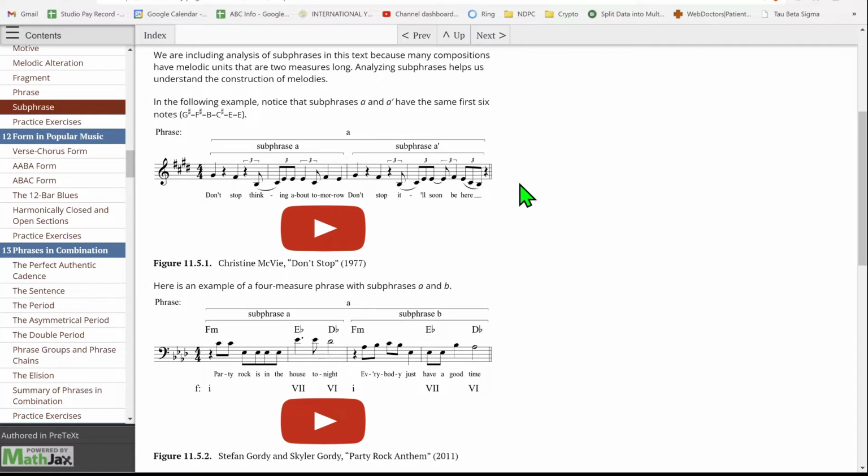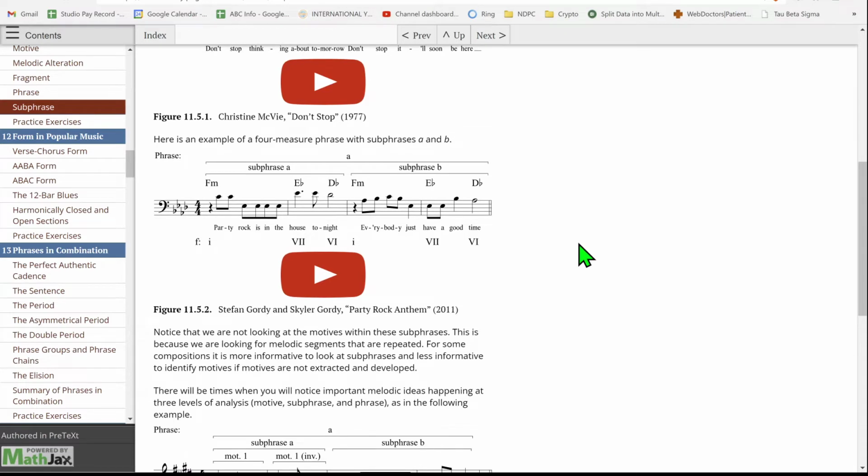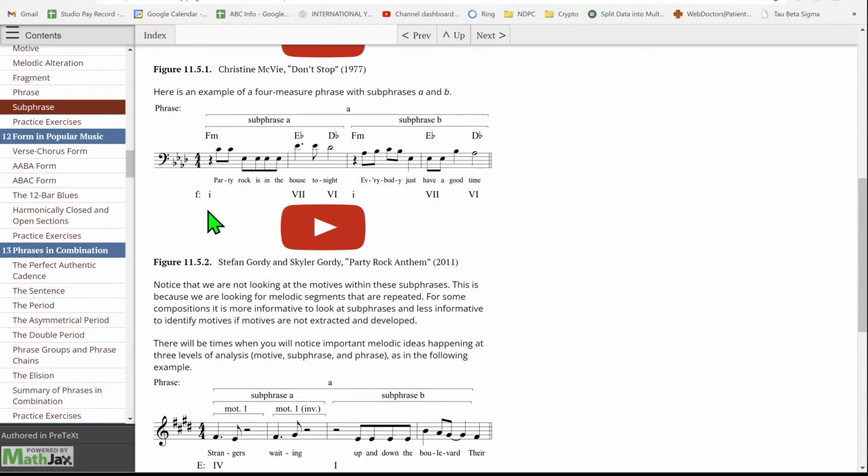Notice that we can say that's obviously our phrase, phrase A. But we can break that into two subphrases because, look, it repeats. There's a similarity, which is why this first subphrase is called subphrase A, and the second one is subphrase A prime.